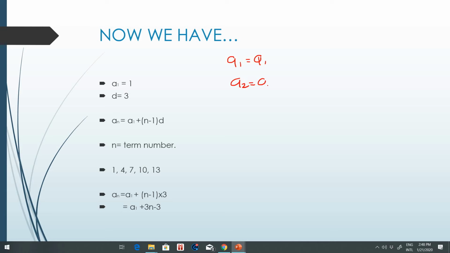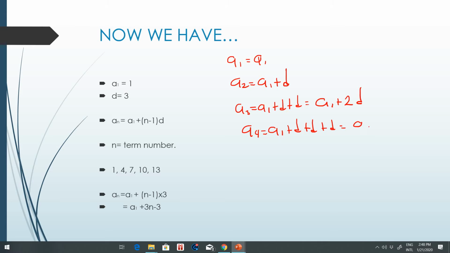A2 is A1 plus D. A3 is A1 plus D plus D, so that's A1 plus 2D. A4 is A1 plus D plus D plus D, that's A1 plus 3D.